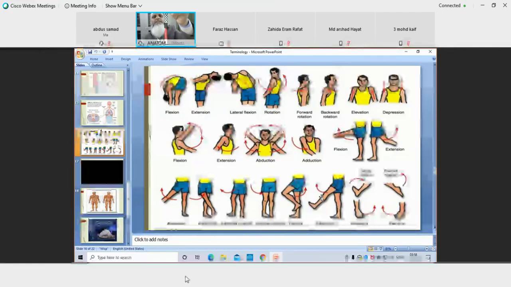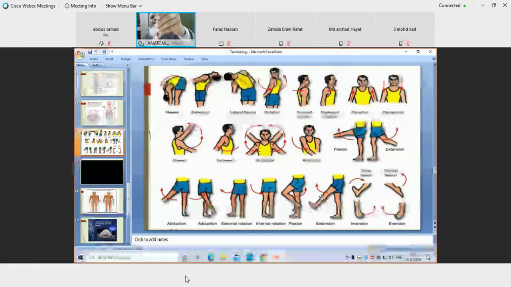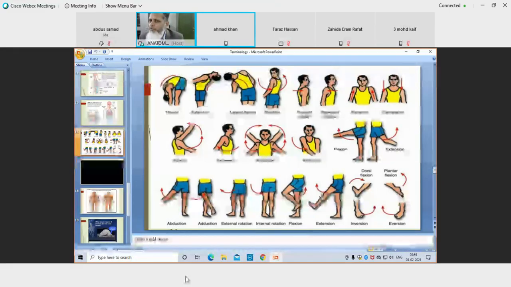Usually in the joint where this movement takes place, the articulating surfaces in contact with each other are flat, and the movement is either side by side or to and fro. This movement is known as gliding movement.